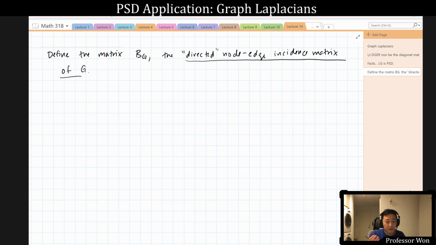And it's going to be directed because some of them will be 1s and some of them will be -1s, but the direction you can actually just choose.